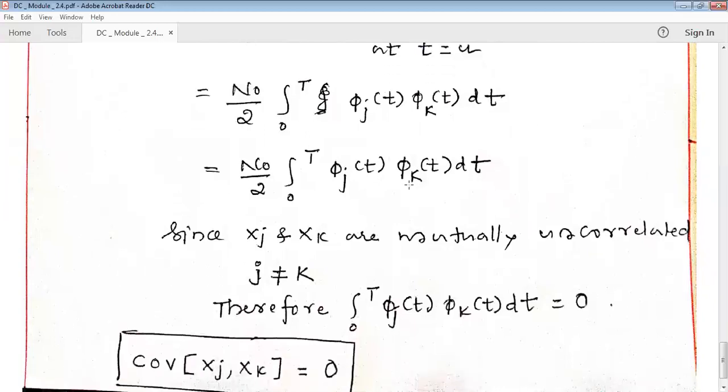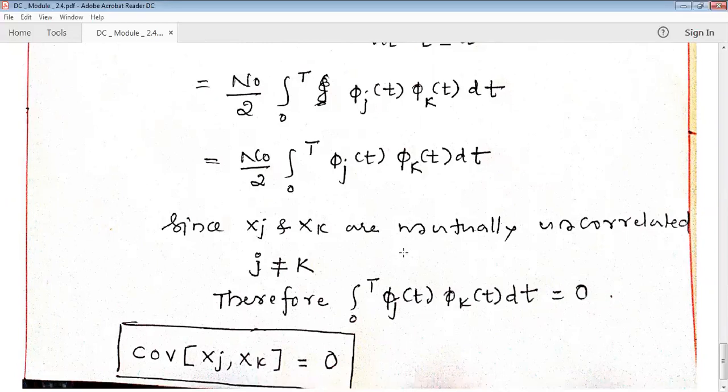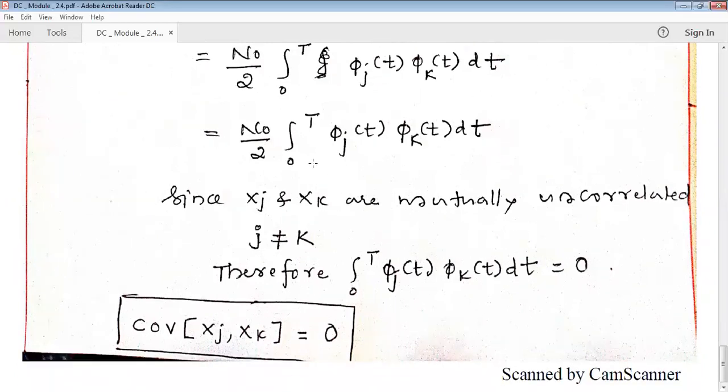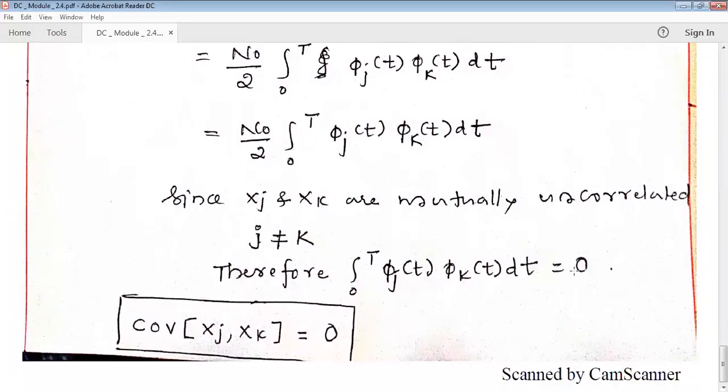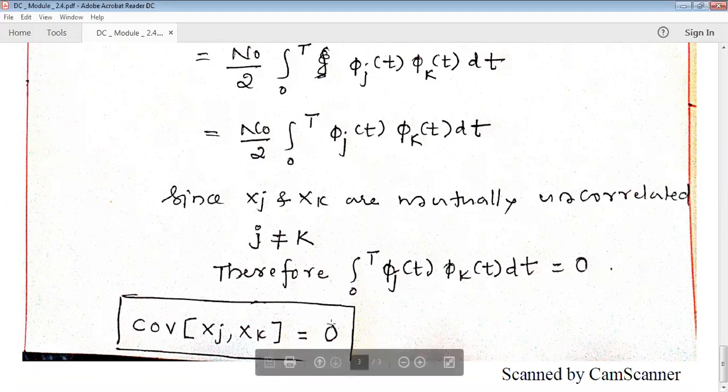Since they are different basis functions and they are mutually uncorrelated, we can conclude the integration over 0 to T between two different basis functions gives 0. So this is the condition called the orthogonality condition of basis functions, and the integrated product is 0. 0 into N naught by 2 gives 0. So we can conclude here that the covariance between two different random variables, the outputs of the jth and kth correlators, is equal to 0.